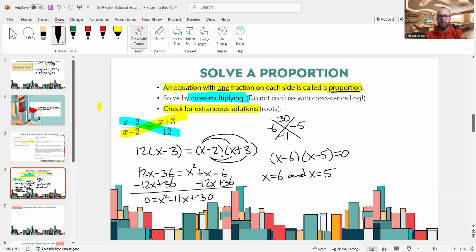And it's a good thing we actually did solve this one all the way because part of our goals today, we just talked about, is checking for extraneous solutions. Remember, those are solutions that don't actually work. So remember, just because we got these answers doesn't mean they actually work. So let's check them right now.